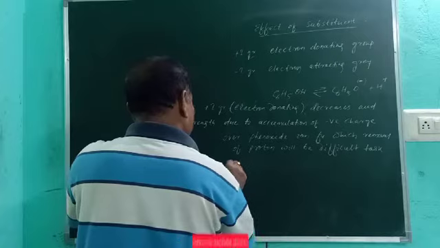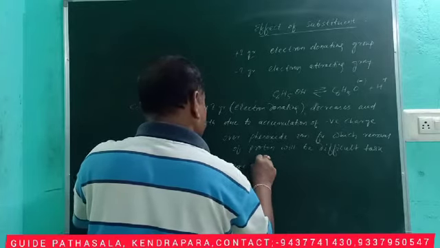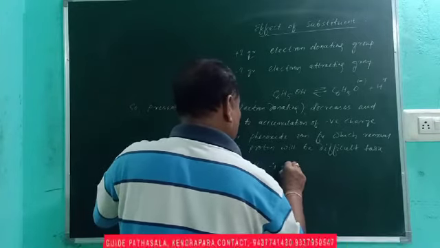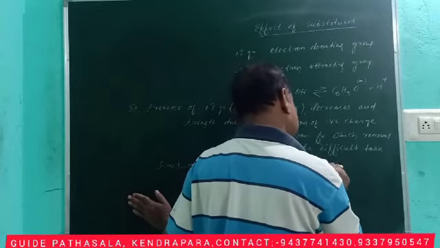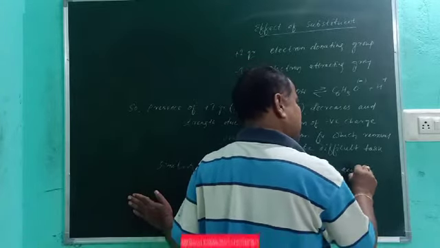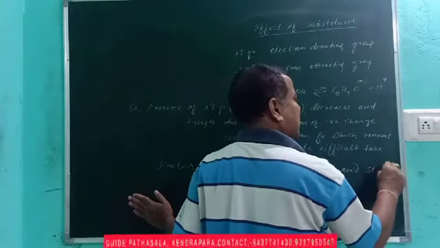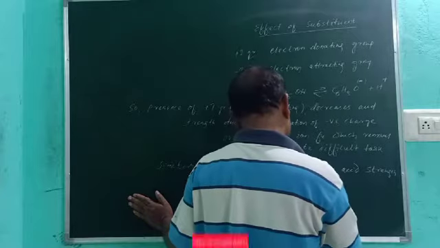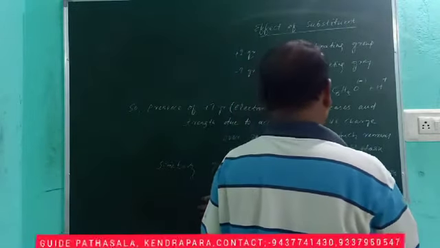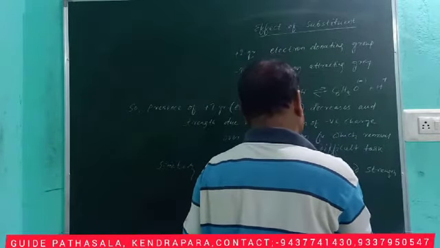Presence of a minus I group increases acid strength due to the electron withdrawing effect.